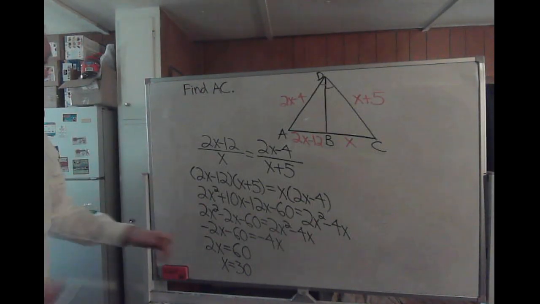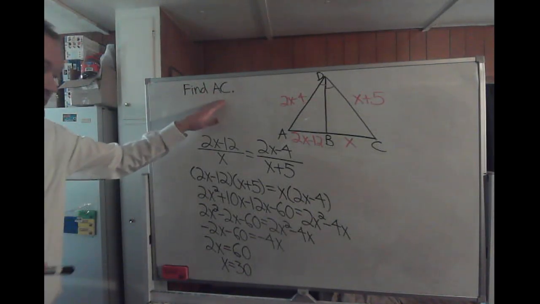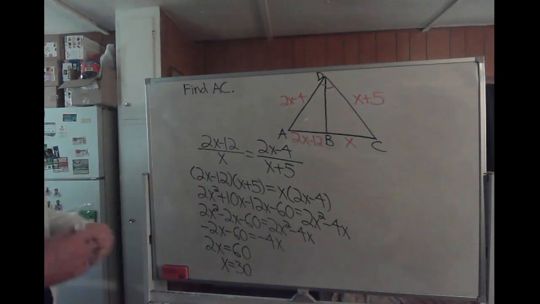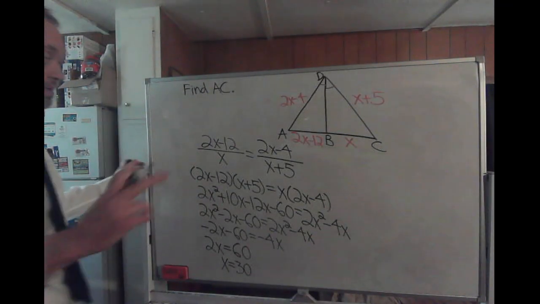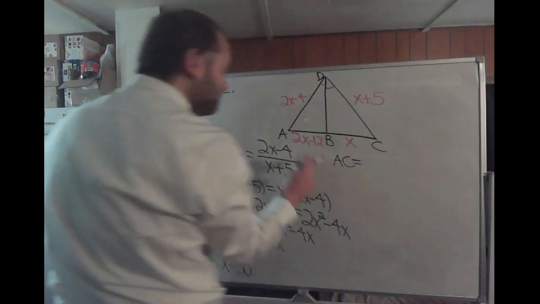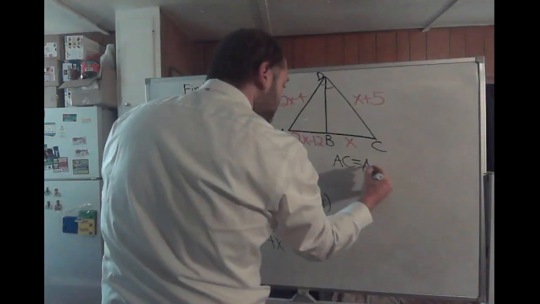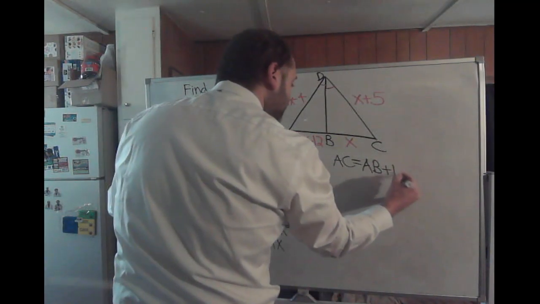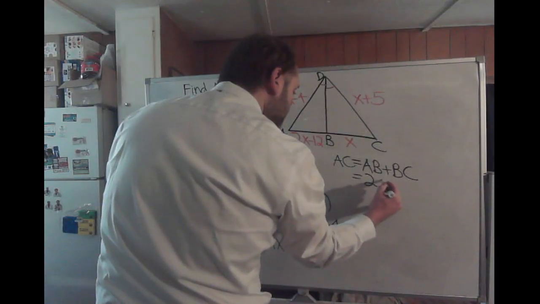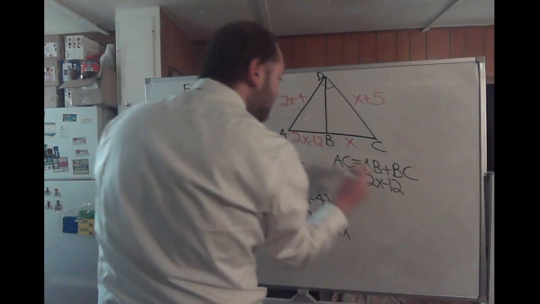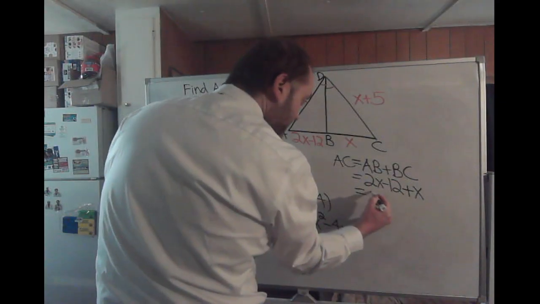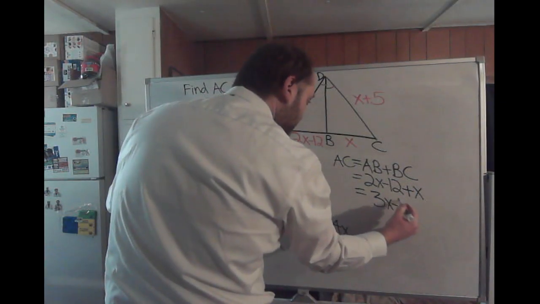x equals 30. That's great. We found the value of x, but we need to find the whole length of AC. So, of course, use the segment addition postulate that AC is equal to the length of AB plus BC, which originally AB was 2x minus 12, plus BC, which was x, which would actually give you 3x minus 12.